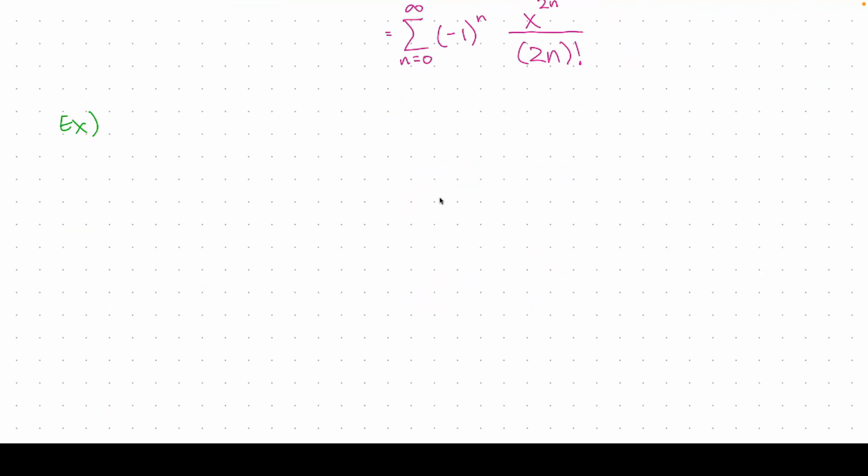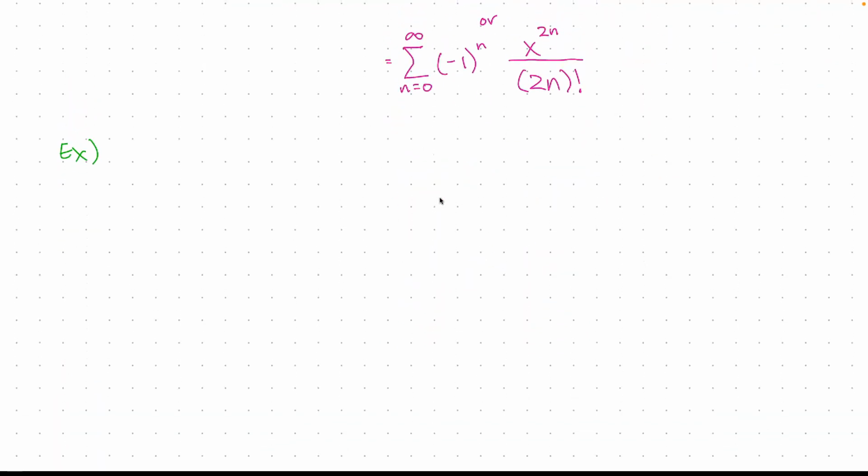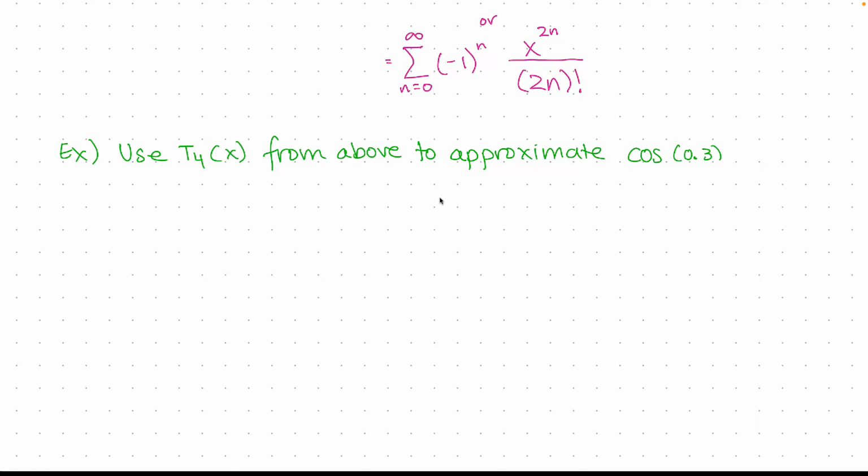All right, so now that we have a Taylor polynomial for cosine, let's actually use the 4th degree Taylor polynomial, T sub 4 of x, from above to approximate cosine of 0.3 and cosine of 1.3.